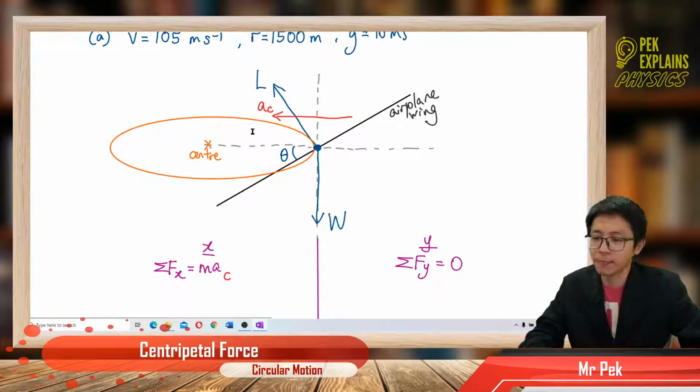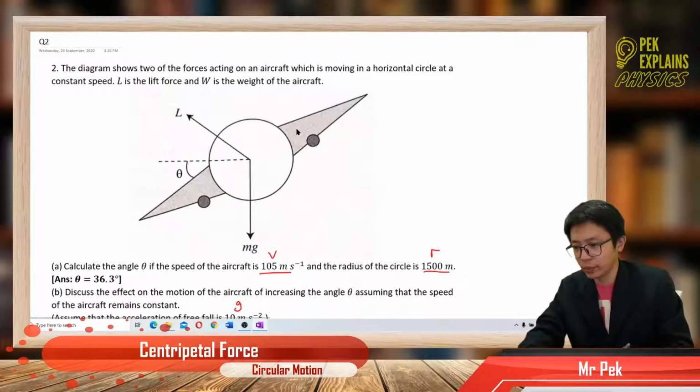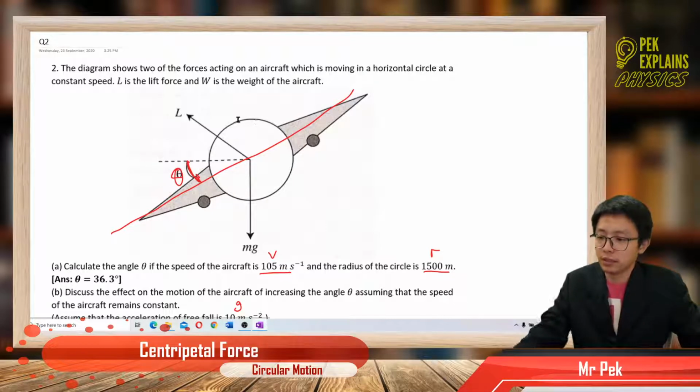Theta is the angle between the horizontal and the wing.